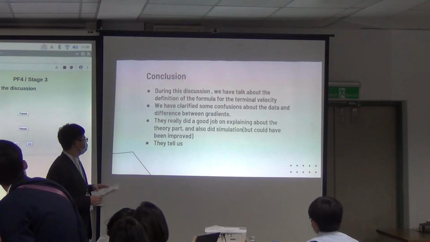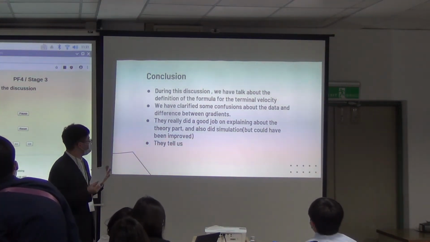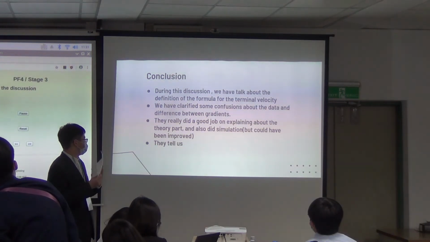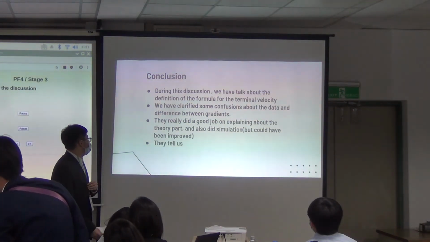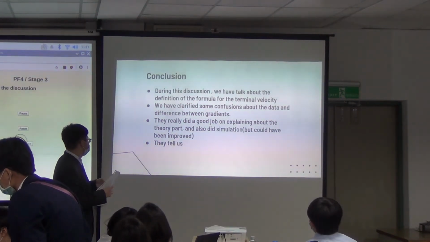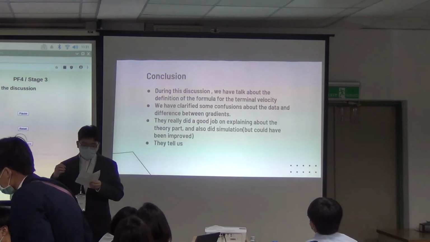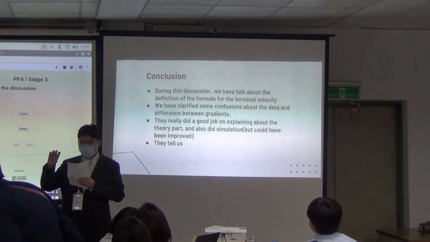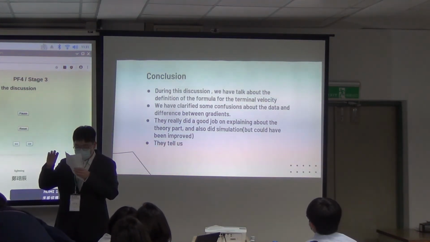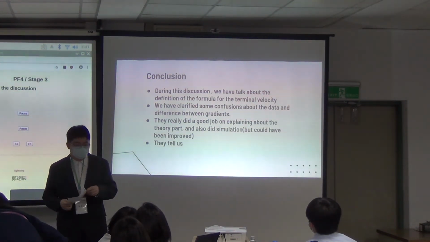We have also clarified some confusions about the data and the differences between gradients. They did a good job explaining the theory part. During our discussion, we also discussed the differences between one contact point and two contact points. And this is the end of my summary.